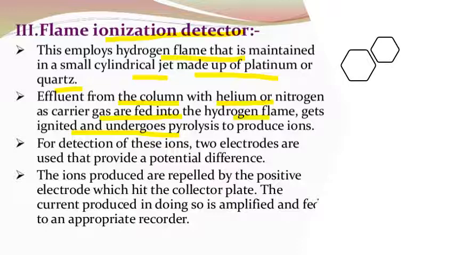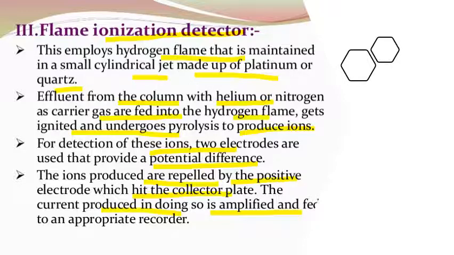It burns and produces ions. For detection of these ions, two electrodes are used which provide the potential difference. The ions produced are repelled by the positive electrode and hit the collector plate, and the current produced in doing so is amplified and recorded.